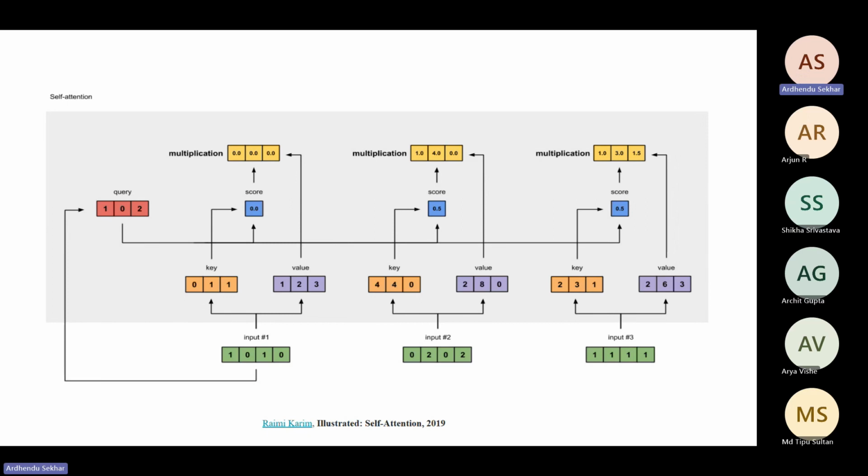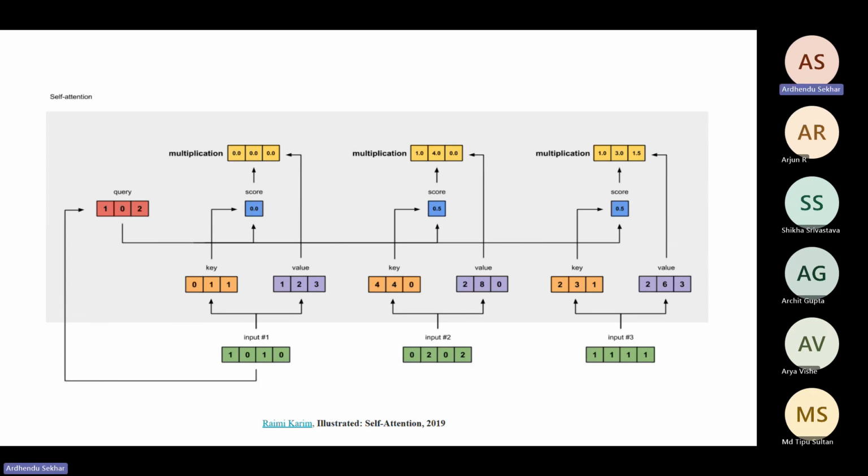Now comes the multiplication with the value vector. Every input has a value vector: V1, V2, V3, V4, V5. The result of the softmax, whatever number we get, is the weight of that particular input.